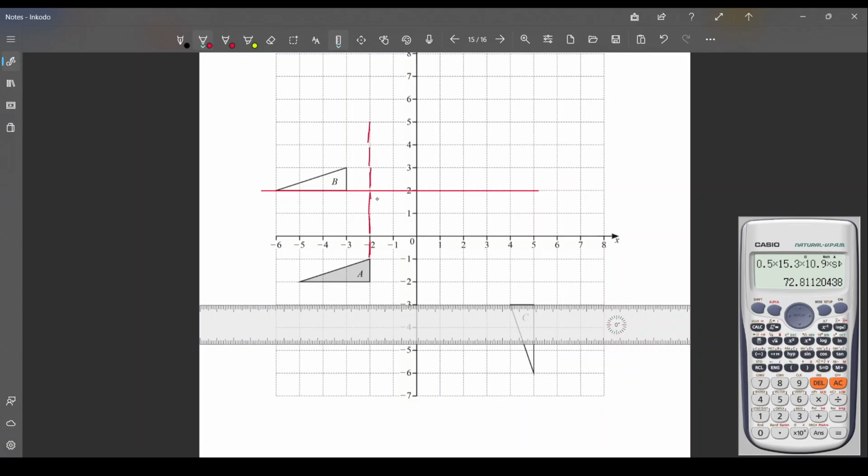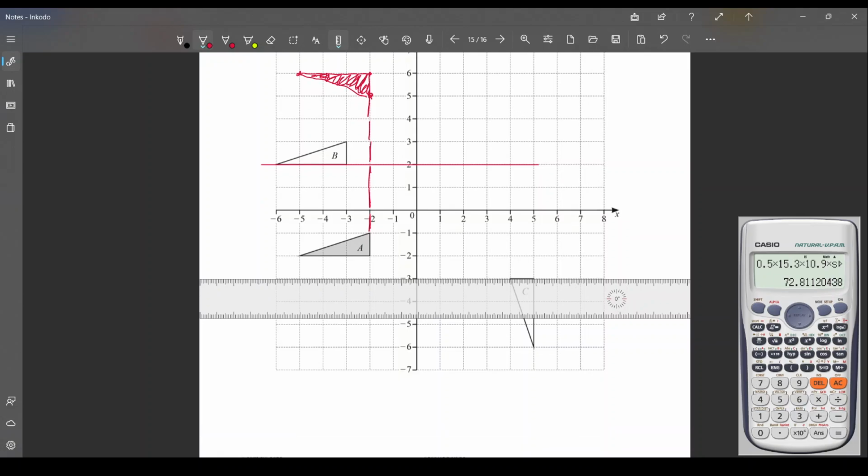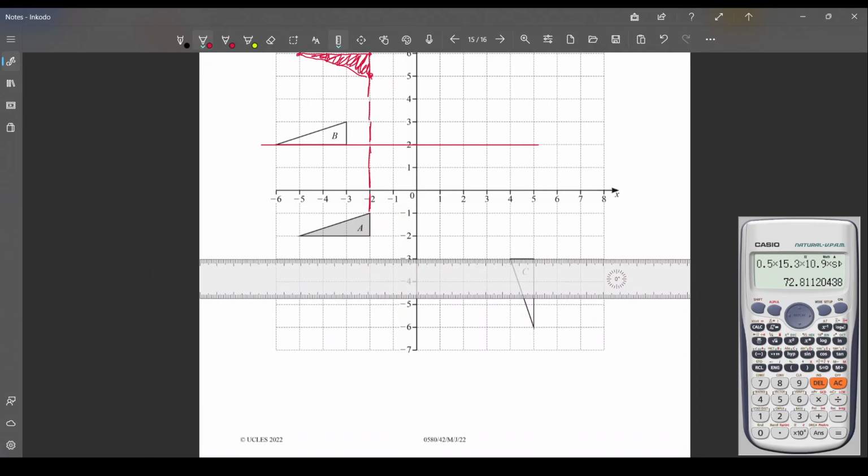So 3 units downside to 3 units above, and the same way we need to locate each point. This is 3 units from here, so it should be 3 units. You can use a scale, and this will be our image of triangle A. So that is question number 2 of part A.